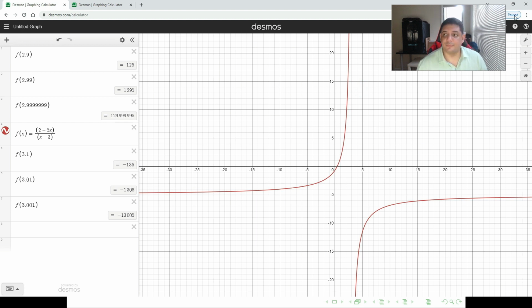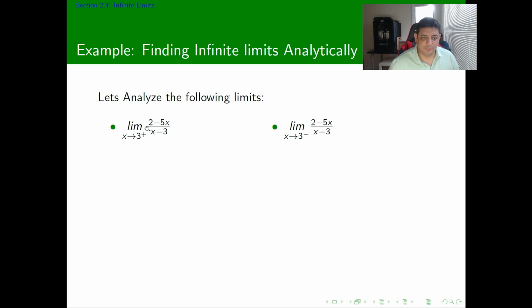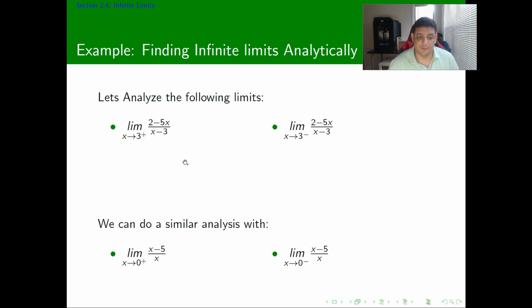So that is what we want to do when we're checking the table. You check values and see what the behavior is. Is it growing and growing, suggesting that it's going to infinity? What is the value? What is the sign? Negative, positive? So that's what we're concluding here. One of them goes to infinity, the other one goes to minus infinity.